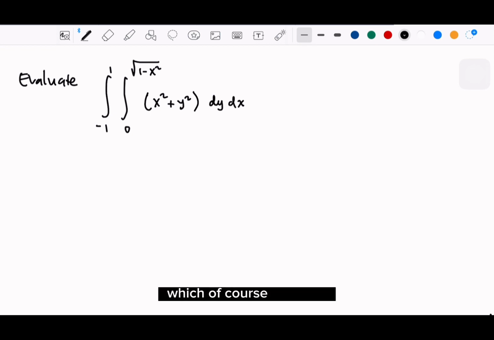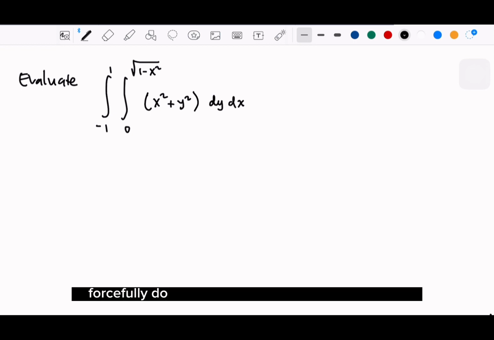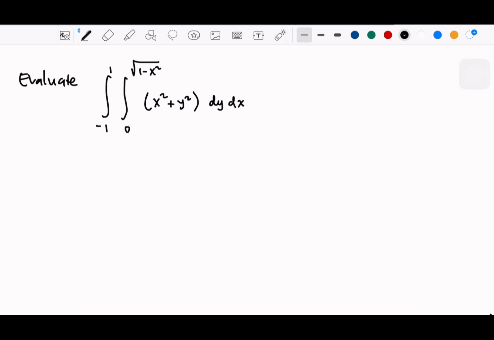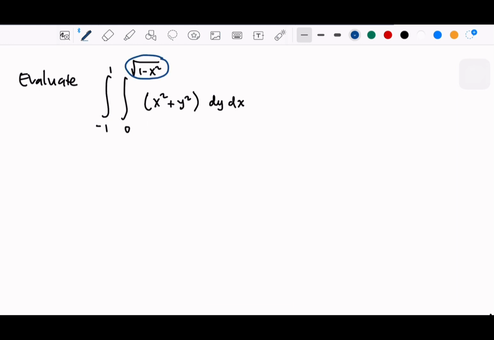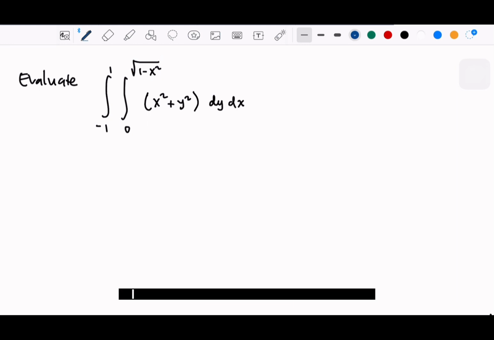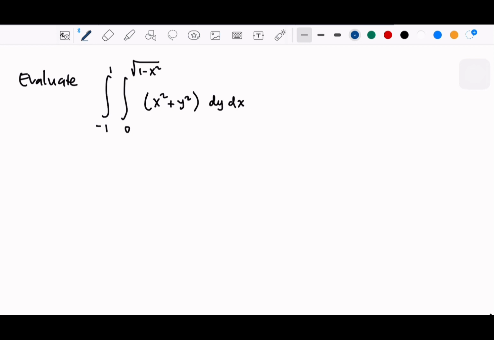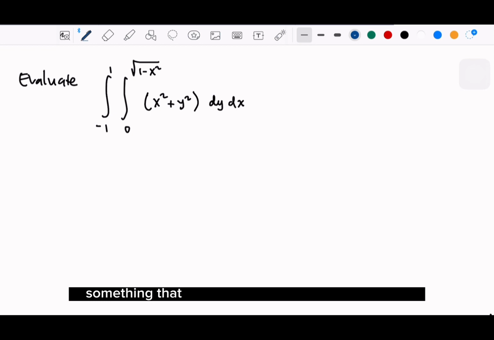If you forcefully try your usual way in this double integral, perhaps you can find the answer easily, but if you notice this part here, I believe that if we convert into polar, we could see something much more convenient to compute.